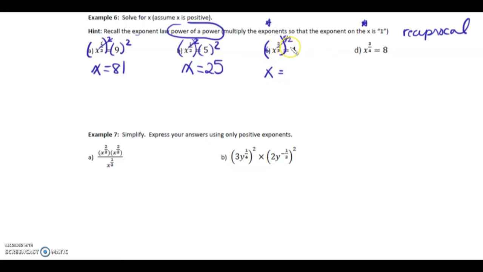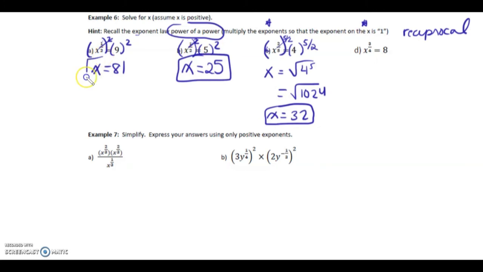What we do to the left-hand side, we do to the right-hand side. So now we have 4 to the 5 over 2. Well, what's 4 to the 5? It's 1024. And then when we root that, we get 32. So x equals 32 in this case.